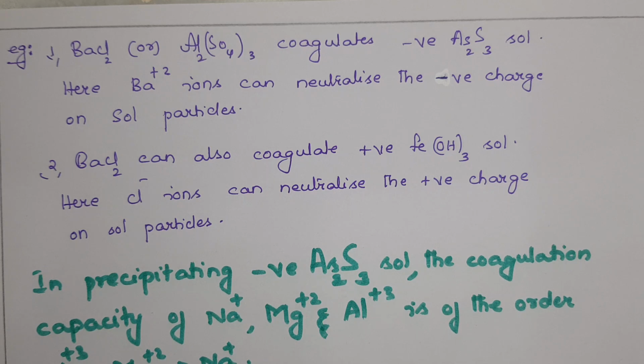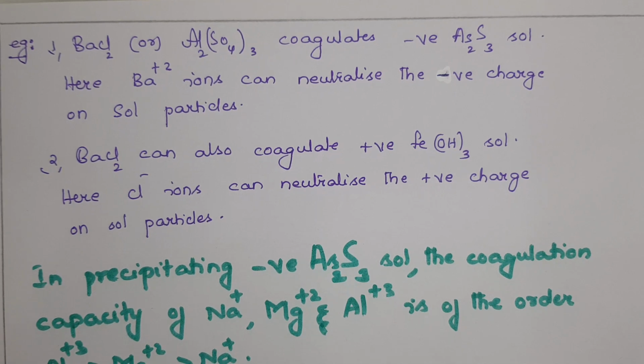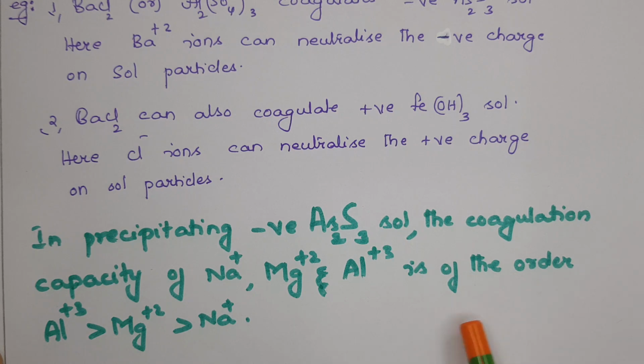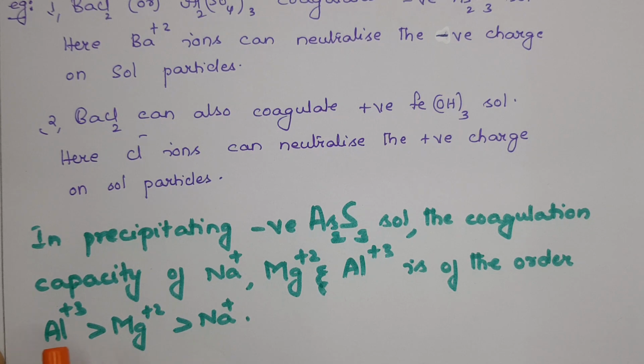Now, in precipitating negative As2S3 sol, the coagulation capacity of Na+, Mg2+ and Al3+ is of the order Al3+ greater than Mg2+ greater than Na+. So Al3+ is first, next Mg2+, next Na+.